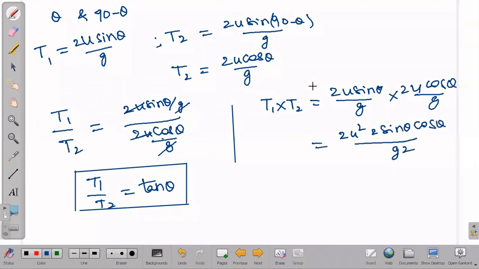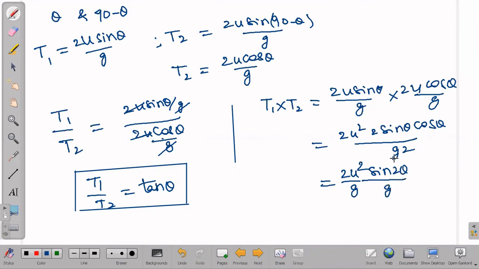Now 2u square by g I am writing separately, okay, and 2 sine theta cos theta is what? Sin 2 theta, the formula as per trigonometry, by g.